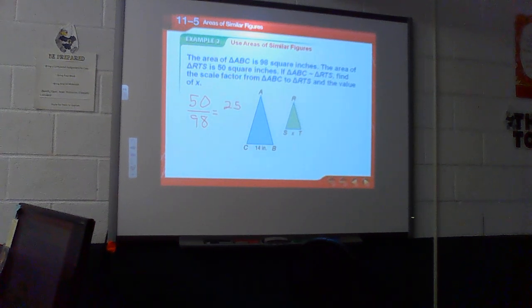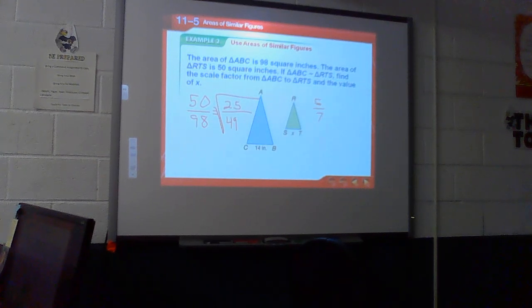And what's 98 divided by 2? 49. Okay. Now can I take the square root of those two numbers? Yeah. So if I take the square root of those two numbers, what do I get? 5/7. So now this is the scale factor that we came up with after using the areas.